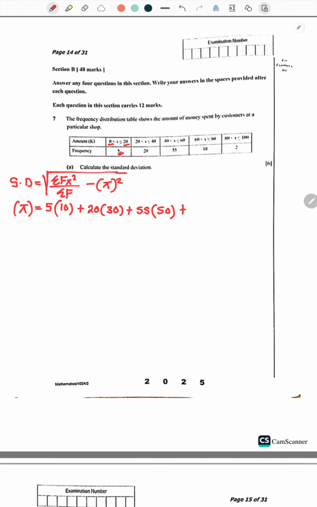Plus, I go to the next one, which is 18. So I open the bracket, then it's 60 plus 80, giving me 140. Divided by 2, we are going to have a 70 here. Plus, then this is going to be 80 plus 100 divided by 2.